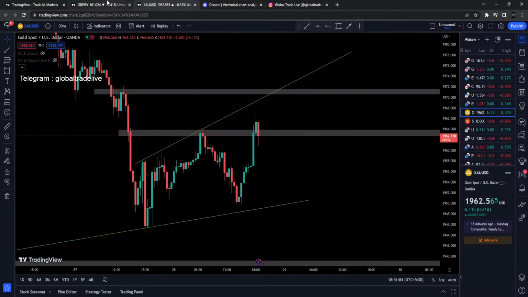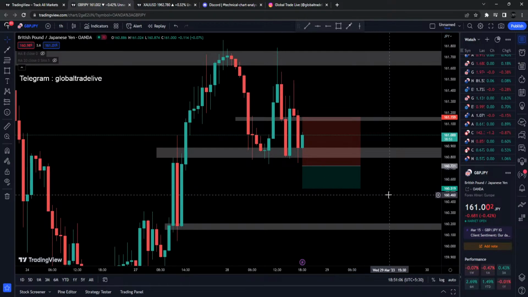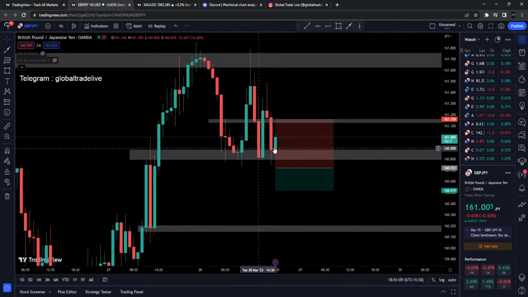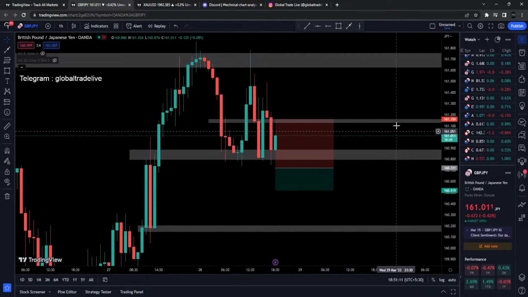When the market has to move somewhere, it will be moving. Otherwise it will just be slow moves, nothing is happening.